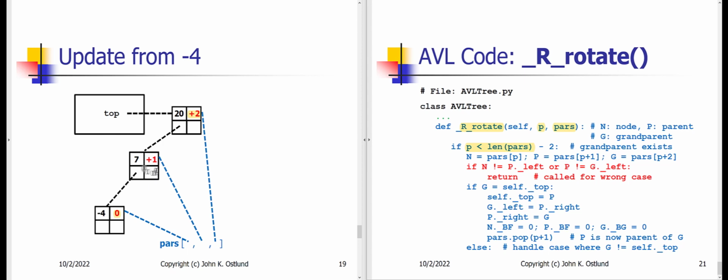What used to be the right-hand side of 7 now becomes the left-hand side of 20. And we need to change P's right to refer to 20. When we've done those 3 reference changes, the balance factors, whoops, another typo here, there should be G.BF. The balance factors for all of these become 0 again.